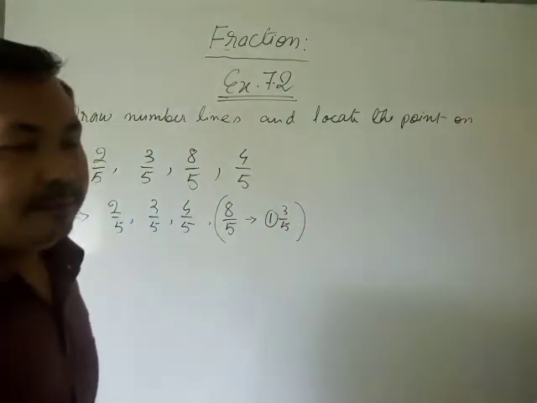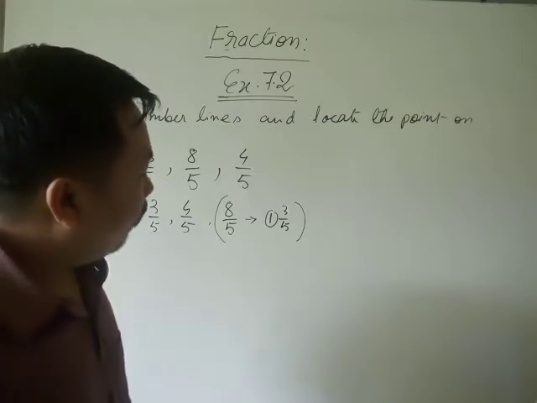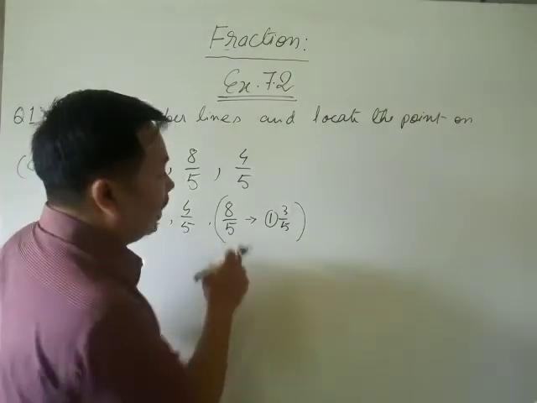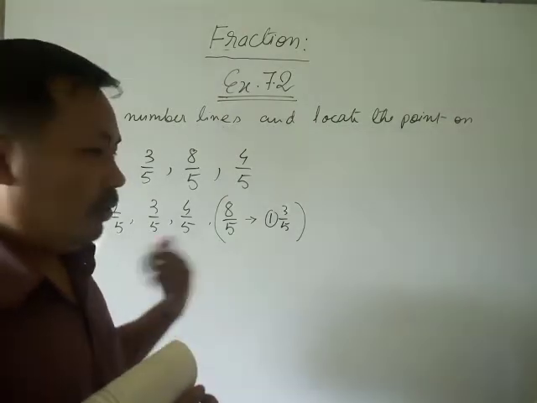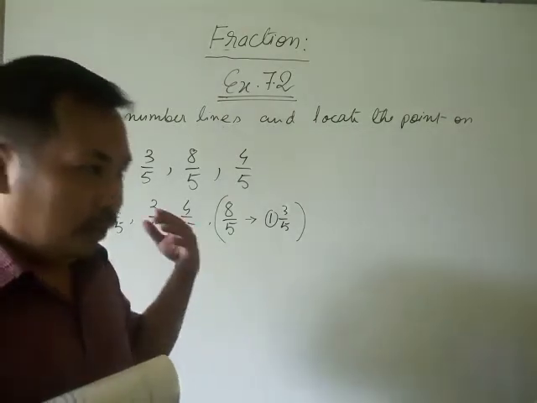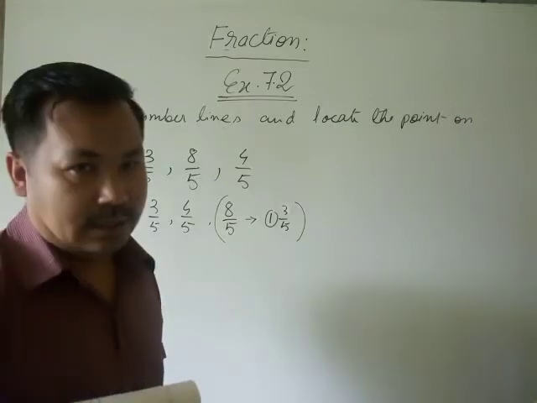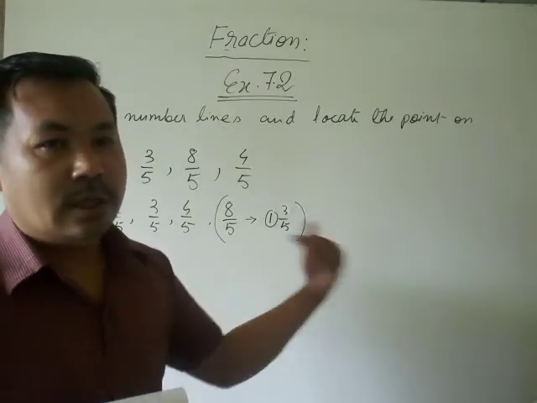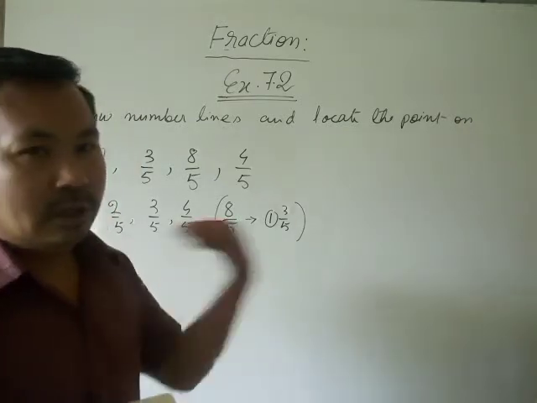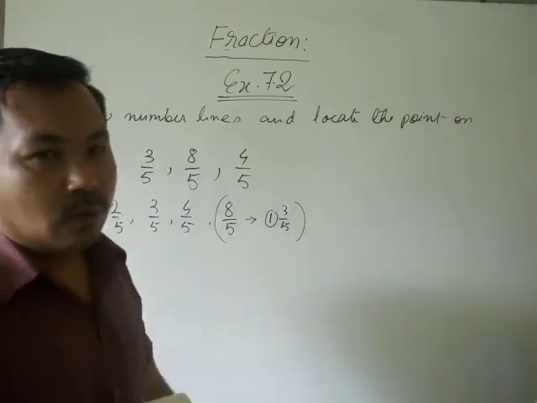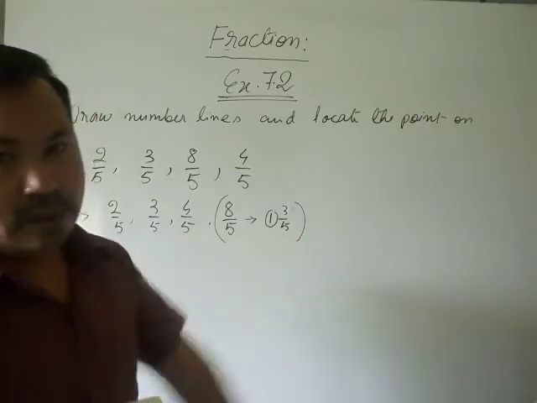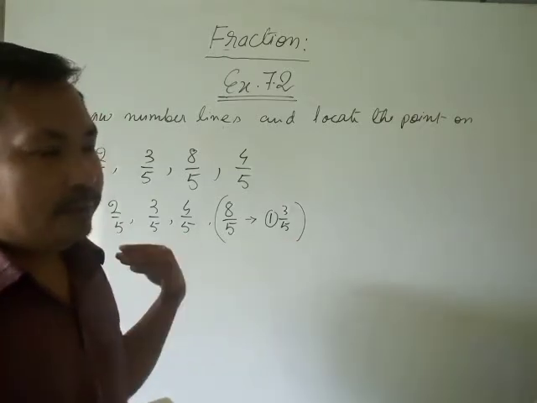This means the point 8 by 5 will be located beyond 1, between 1 and 2, not between 0 and 1. It will be between 1 and 2 because a proper fraction will be between 0 and 1.